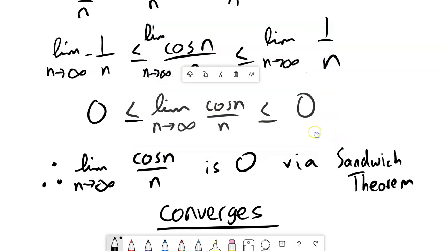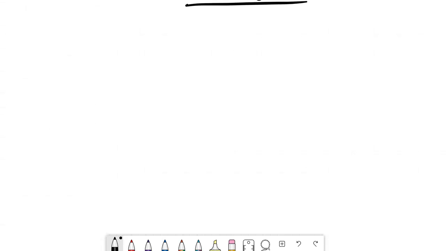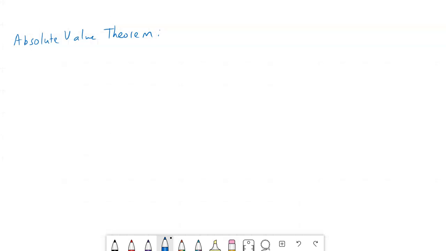Oops, did not mean to bring that over. The last topic is a theorem, and that's very weird. A theorem that's super important is called the Absolute Value Theorem. And for this theorem, we have to look at this sequence.